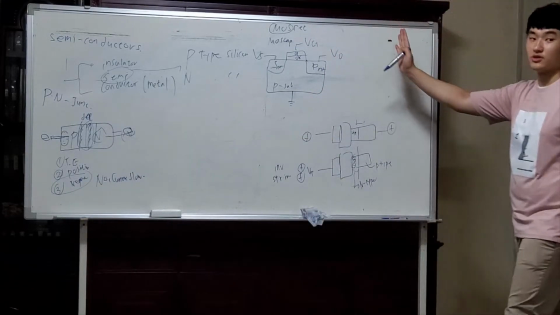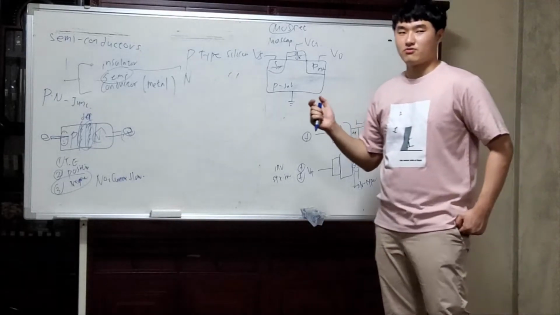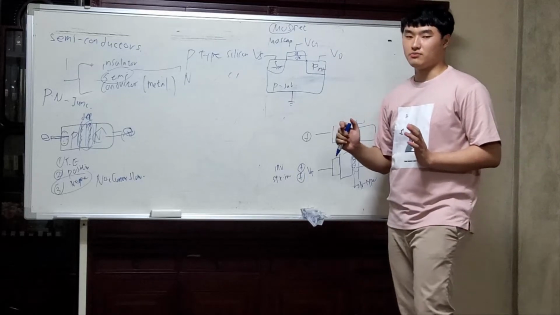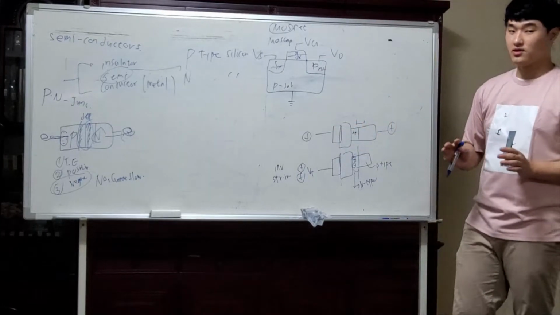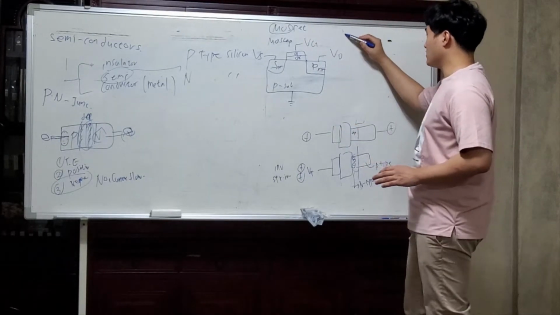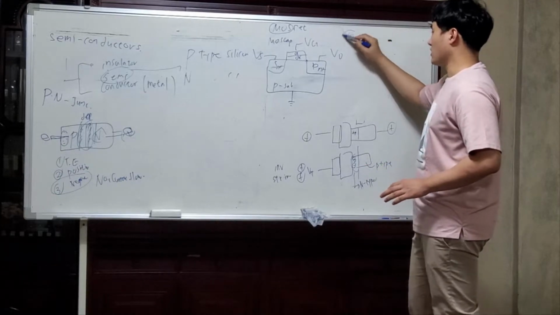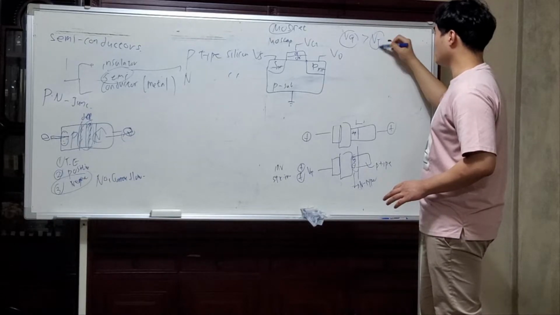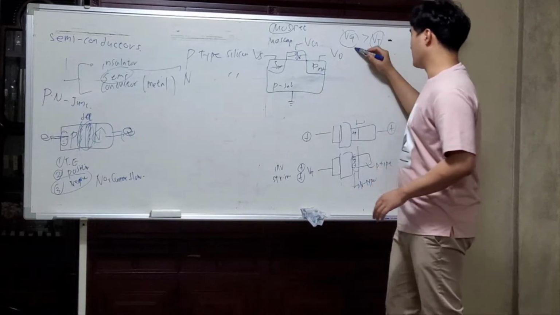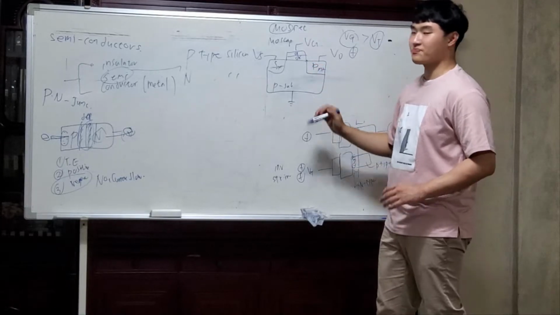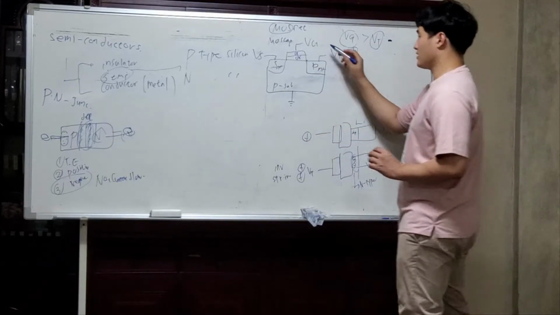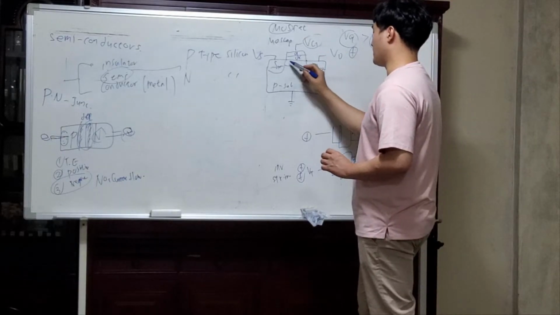so let's look. For the enhancement N-type MOSFET, or N-channel MOSFET, if the VG, the gate voltage, is over the threshold voltage in positive bias, then the electrons of the P-type plate will be attracted to the gate voltage, and they will make the channel.